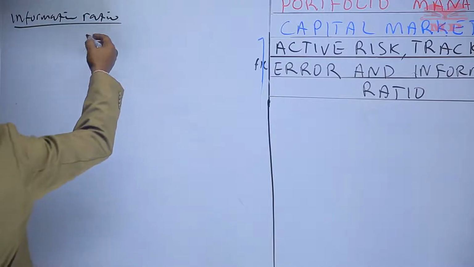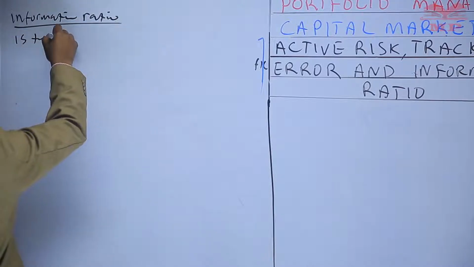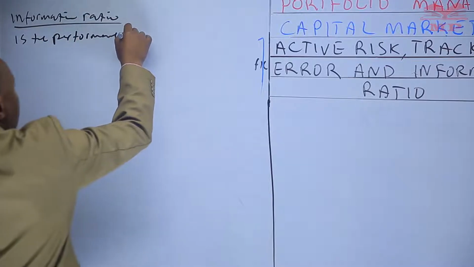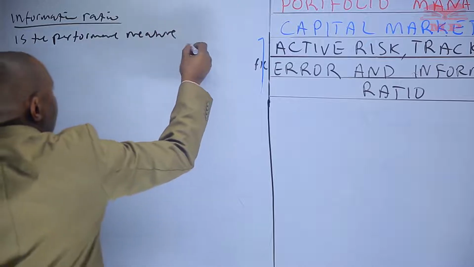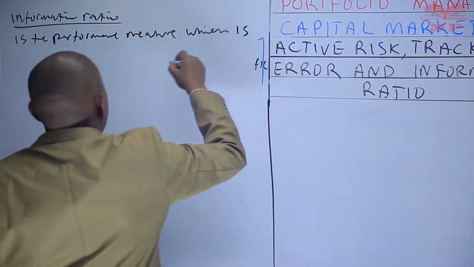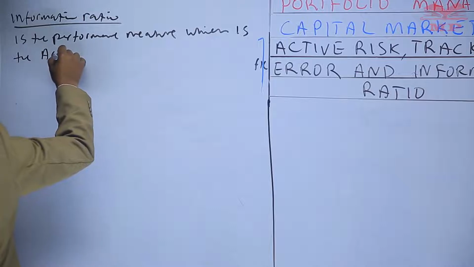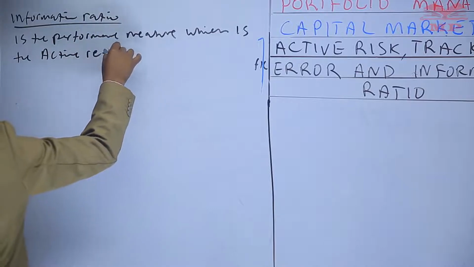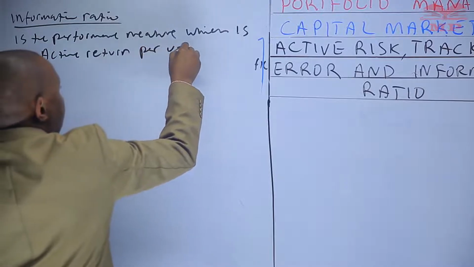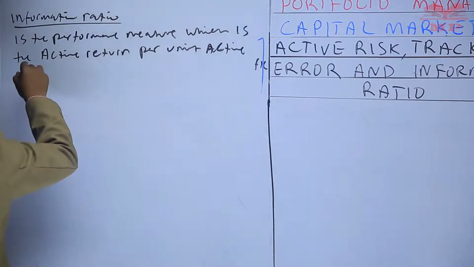We are saying the information ratio is the performance measure which is the active return per unit active risk.